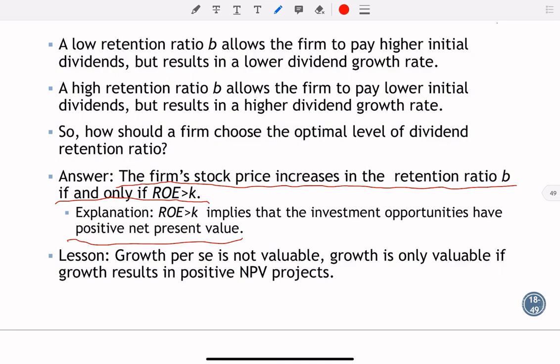Another implication from this result is that growth itself is not valuable, right? Growth is only valuable if growth results in positive NPV projects. How do you get this result?